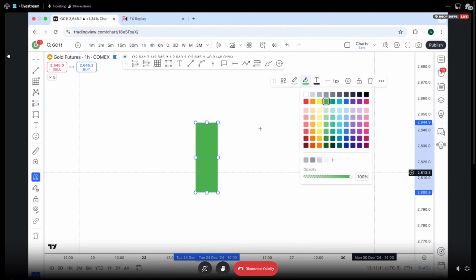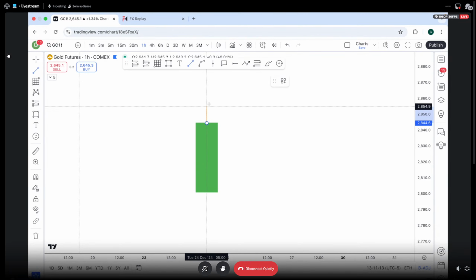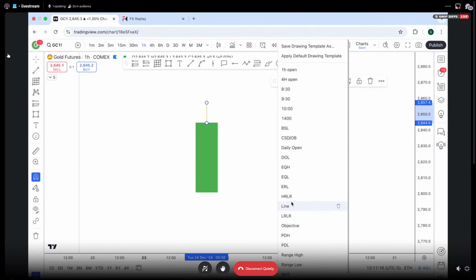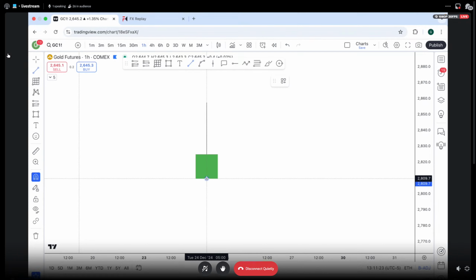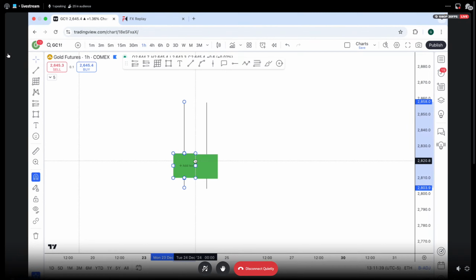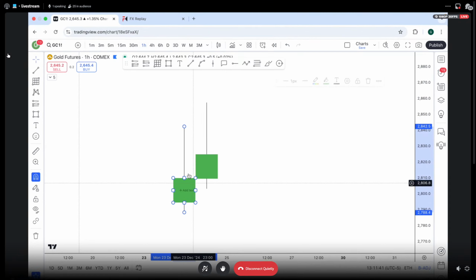Let me make this. It's essentially a large wick, small body. This is what we do not want to trade. Say I have a candle right here that sweeps out this high.